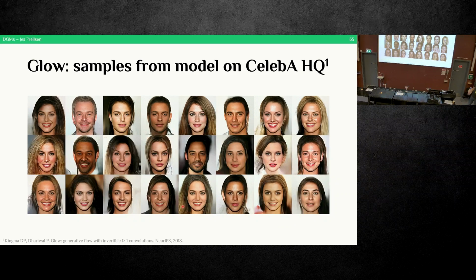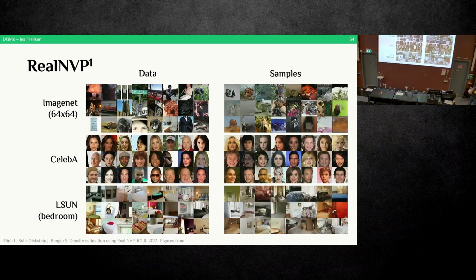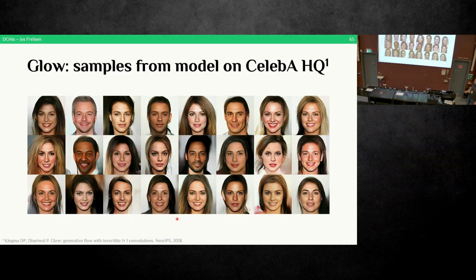But what happens is that you end up with very large models, because that's an issue with these models. Because you're basically only applying an affine transformation in each layer to part of the variables, you end up with super deep models, and you end up with models with a lot of parameters, which is one of the challenges to get something that looks like this.